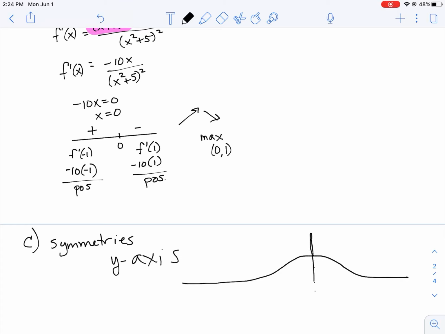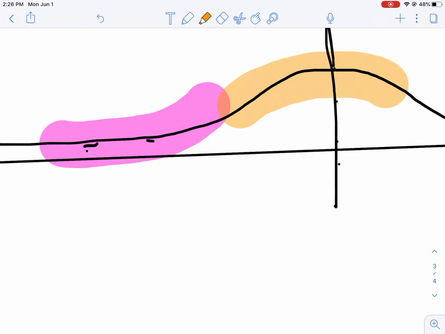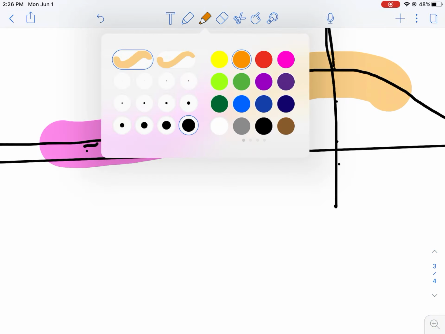If I reflect over the y-axis, now notice this one. If I had to find inflection points, it looks like it's concave up, then it changes and starts to be concave down, and then it changes back to concave up.